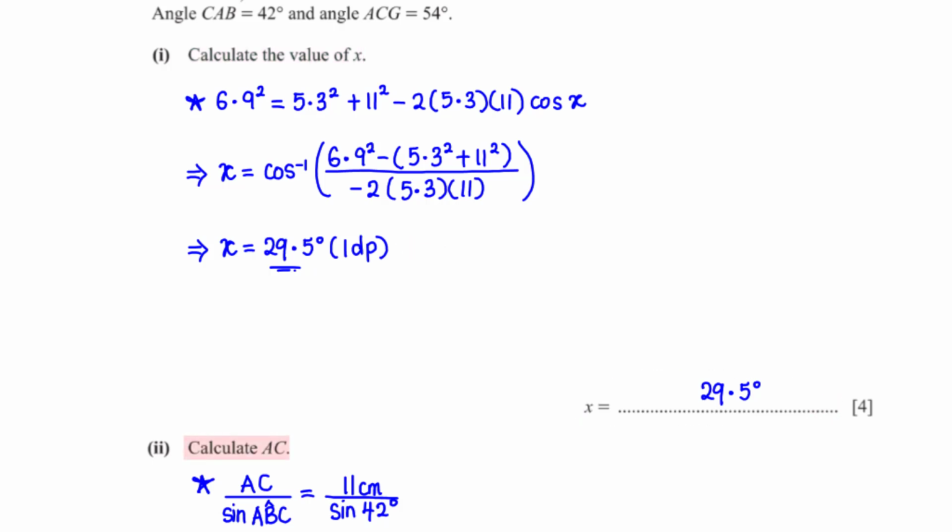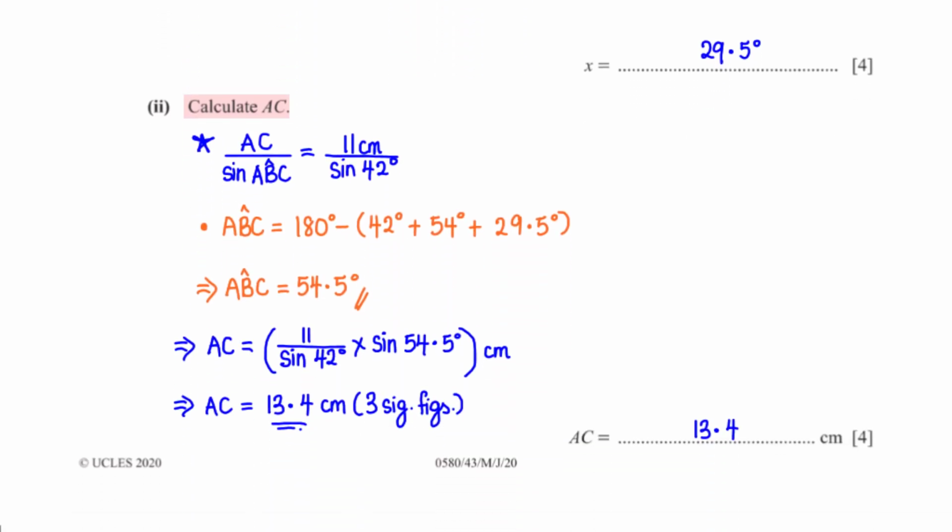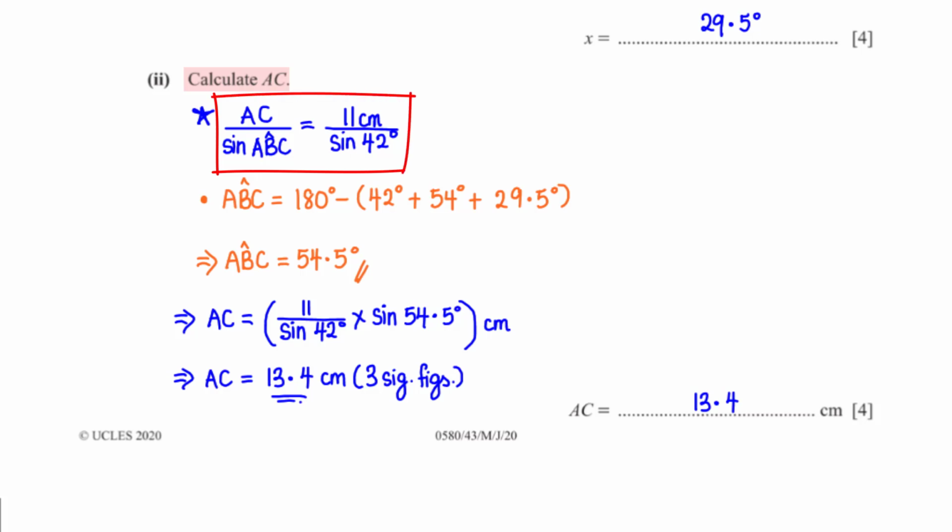Calculate AC. To find the length of AC, we can apply the sine rule. This gives us AC divided by sine of angle ABC equals 11 centimeters divided by sine 42 degrees. We get angle ABC by subtracting the sum of 42 degrees, 54 degrees, and 29.5 degrees from 180 degrees.